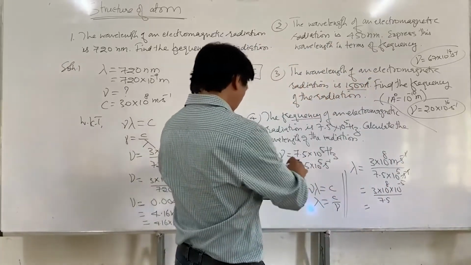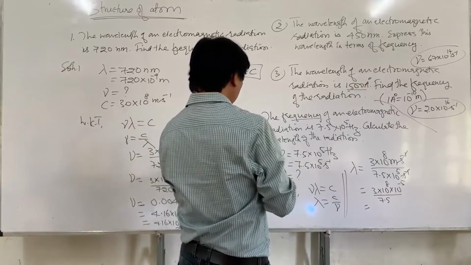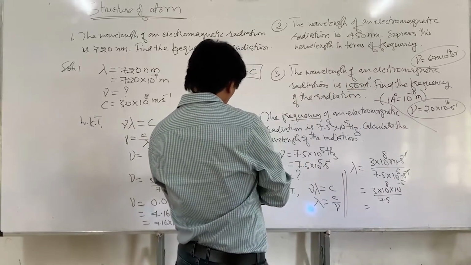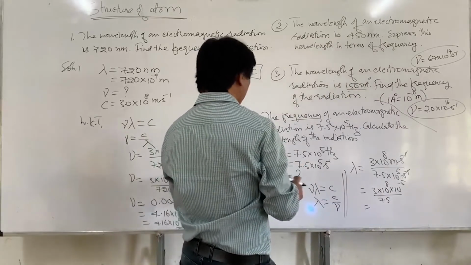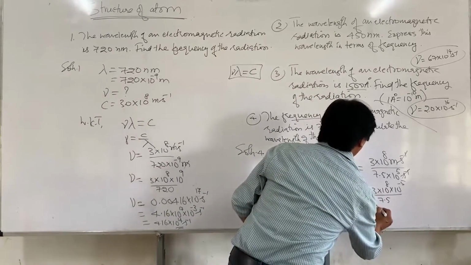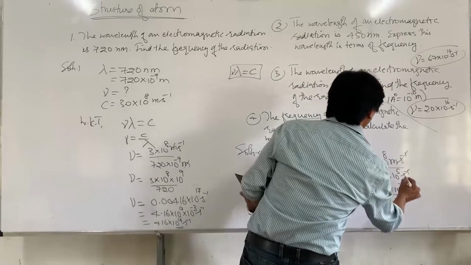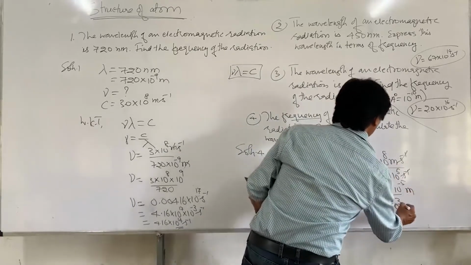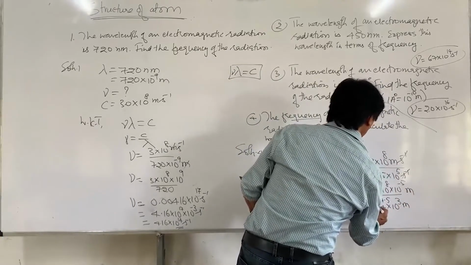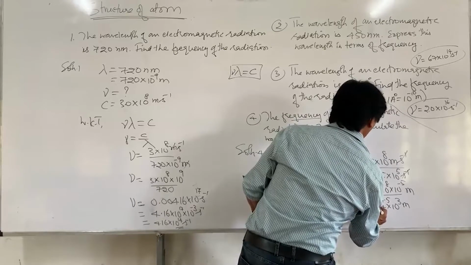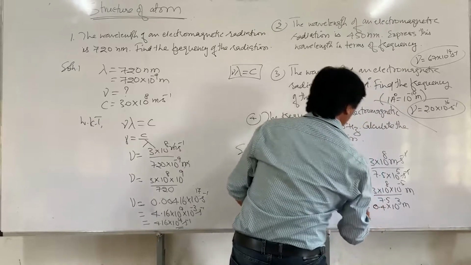So I'll give you the answer straight away. The answer I've got here is 0.4 into 10 raised to the power 3, and the unit left here is meter, right? Now to express this in the scientific notation form, I need to have this decimal point coming after 4.